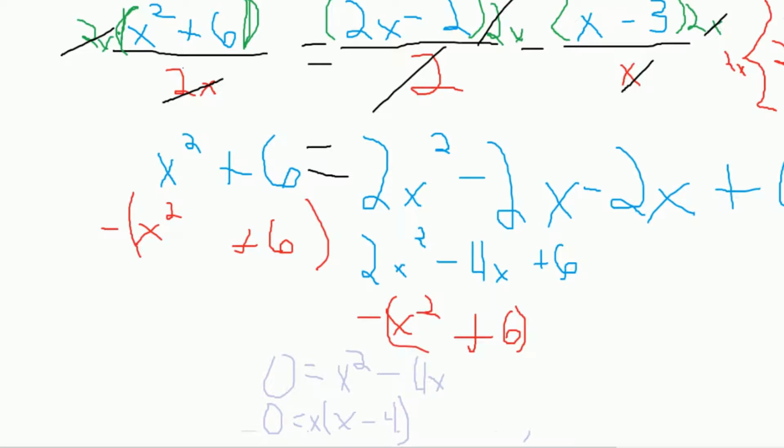So we did all of that, but we haven't found the values of x yet. What we need to do now is make each factor with an x equal 0. So put this x over here and this x over here.